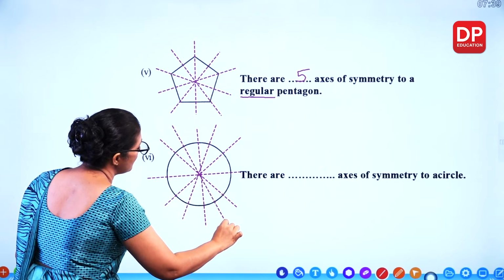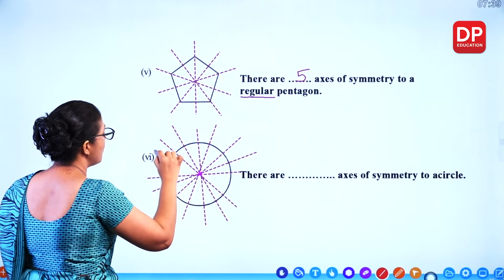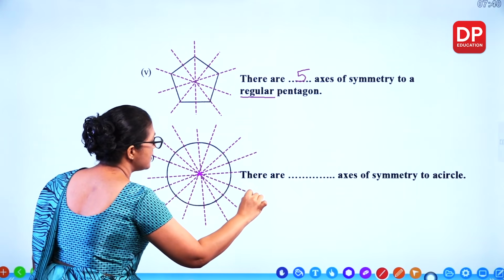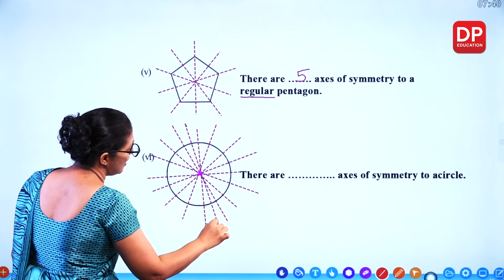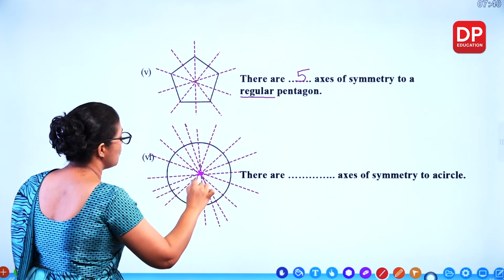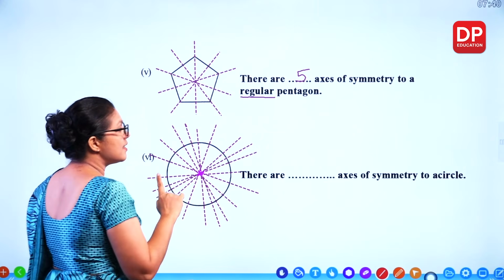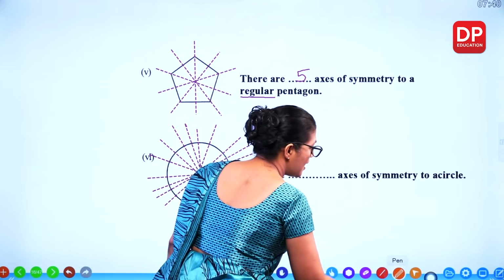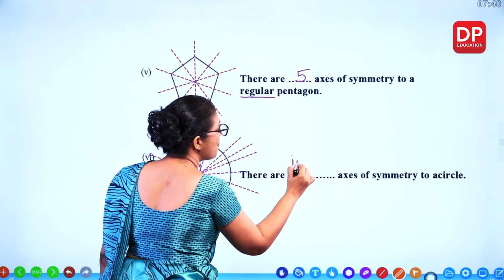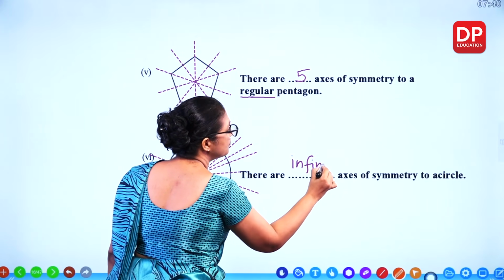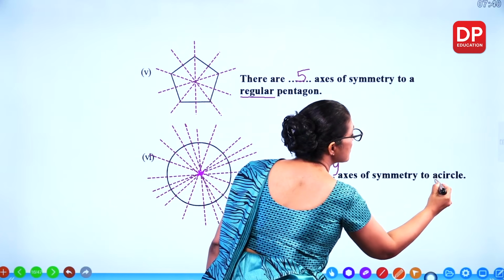How many lines can we draw? Infinity number of lines, never ends. You can draw any number of lines. So we say a circle has infinity axes of symmetry. Infinity number of axes of symmetry to a circle.